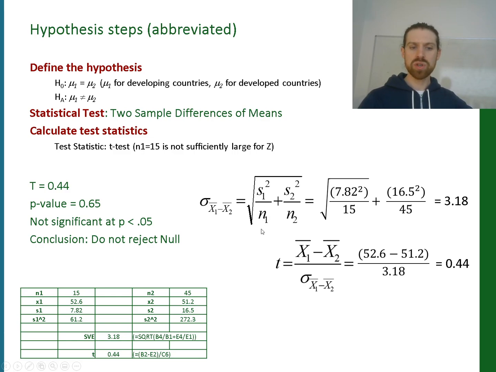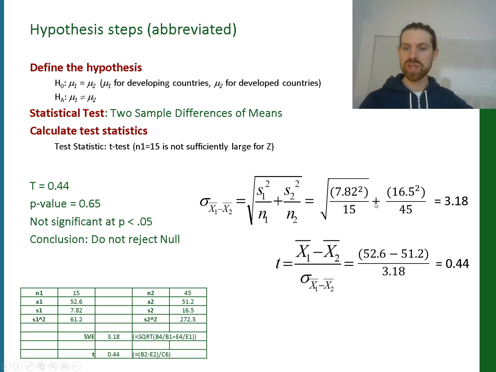So for the two samples, N1 and N2, we know that we have 15 and 45 samples, so we can plug them in here, N1 as 15 and N2 as 45. You can see them just here on the right-hand side. Then we need to get the standard deviations: 7.82 for sample 1 and 16.5 for sample 2.